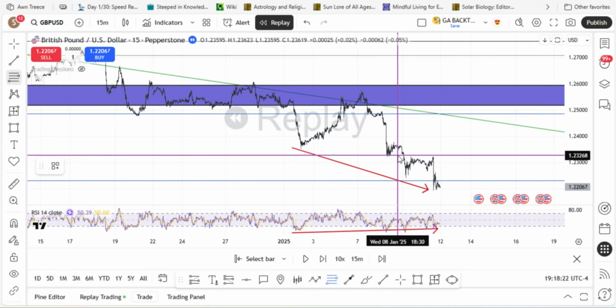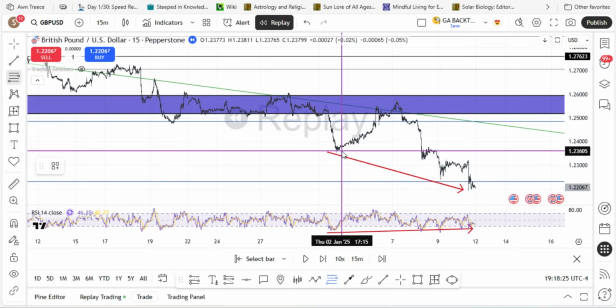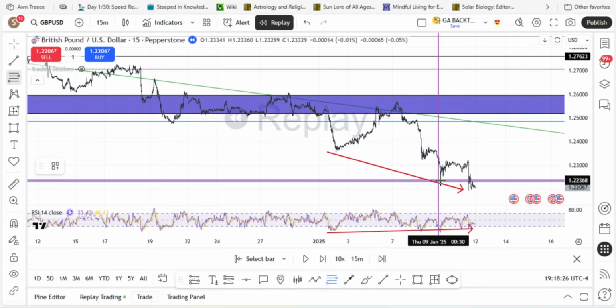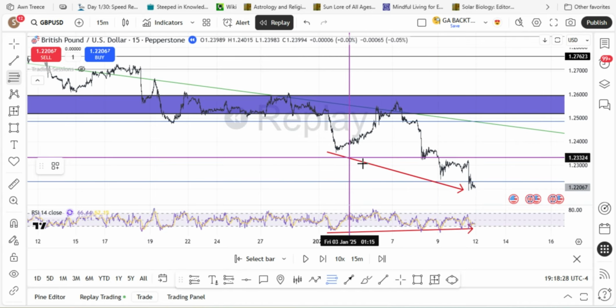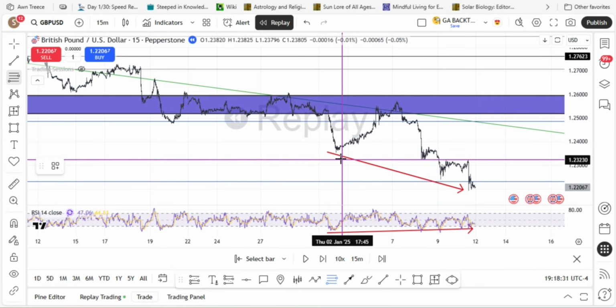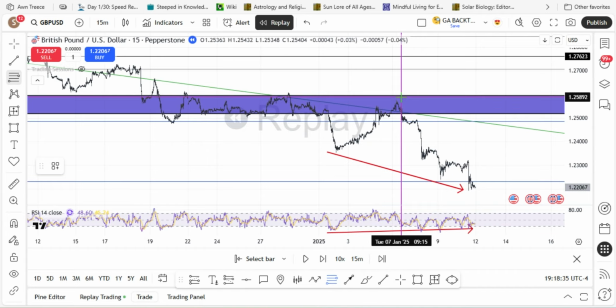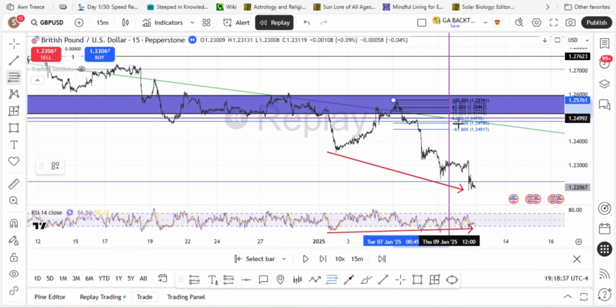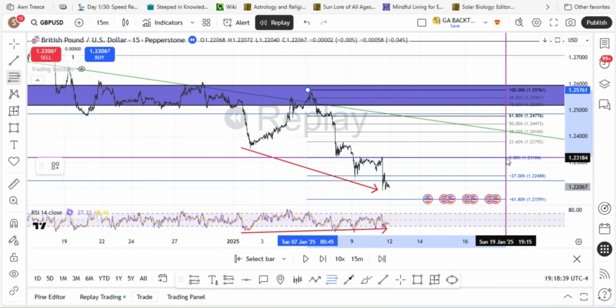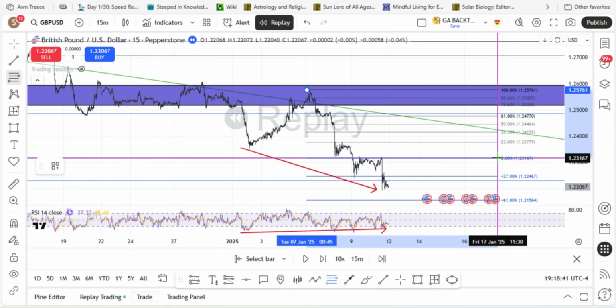Wait to see how it goes. Yeah, so it's confirmation of the continuation to the downside. But we can also go ahead and place a fib here.